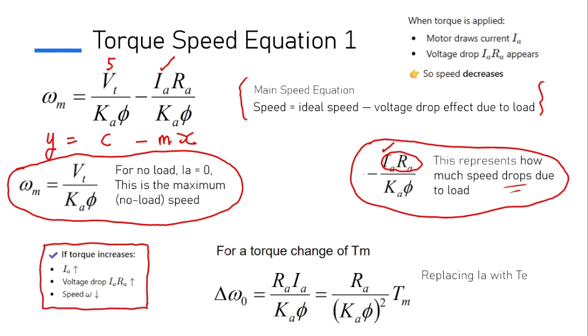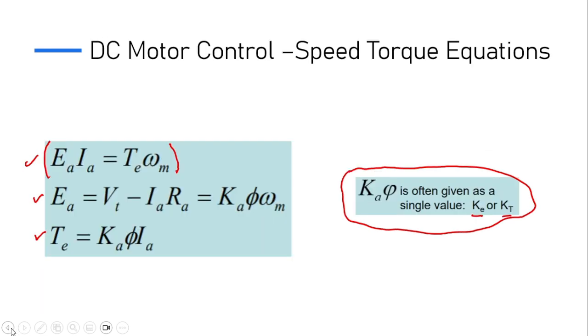All in all, for this piece here, the equation for the maximum speed is based on VT. But for this portion of the equation, if you want to know how the speed will change depending on changes in torque, because right now it's based on changes in IA, you end up with this equation, where we just replace IA. We go back to that equation and make IA the subject of the formula.